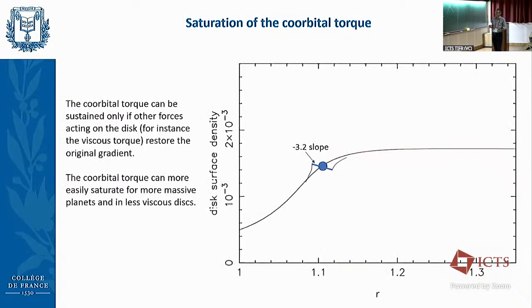And so you need the internal forces of the disk that establish this positive surface density gradient, which can come from magnetic effects, from turbulence, from winds, or whatever. They oppose the fact that the local surface density across the co-rotation region wants to tilt.